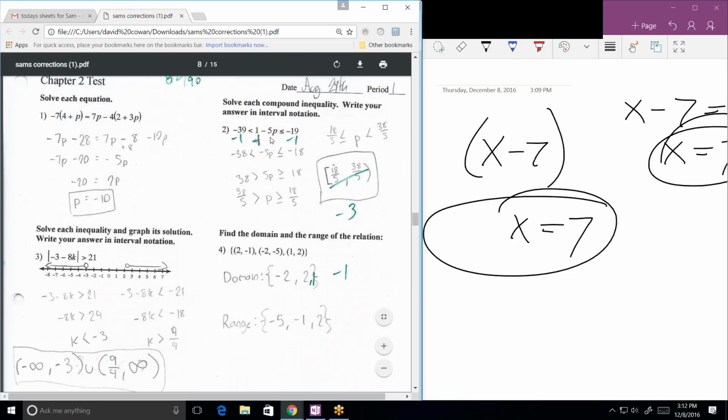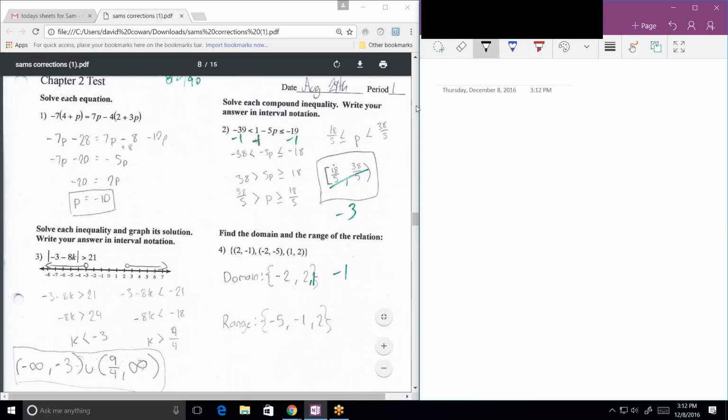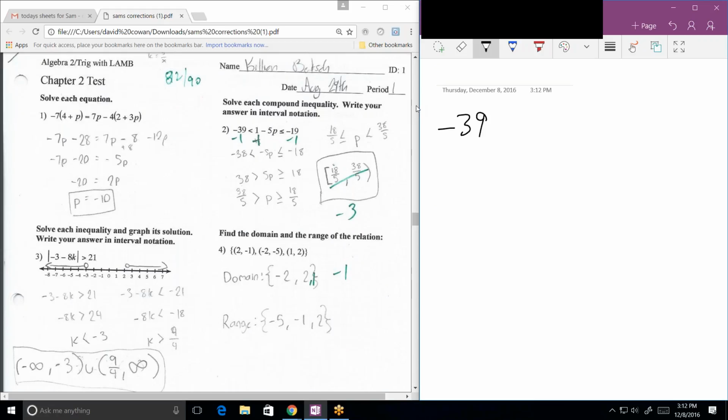All right. So let's see what happened on number 2. So you got minus 39 is less than the quantity 1 minus 5p is less than or equal to minus 19. You basically solved this like it's a 2-part inequality instead of 3-part.